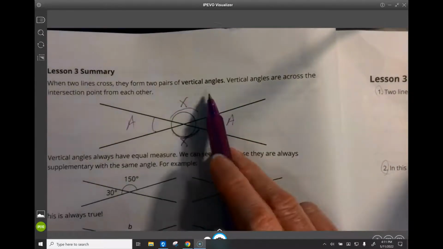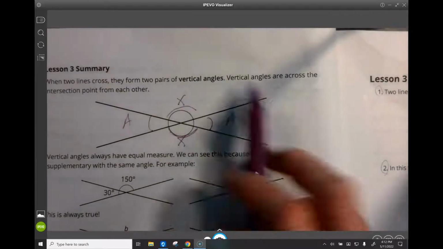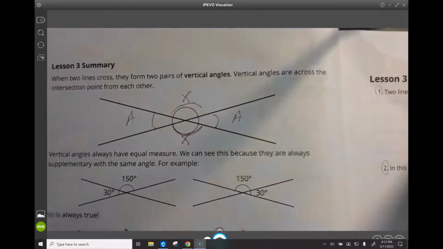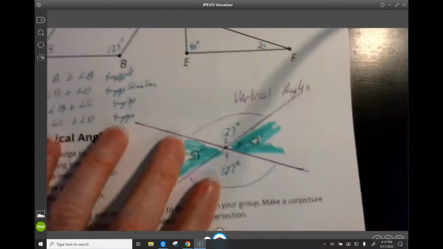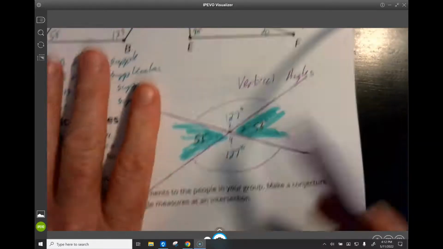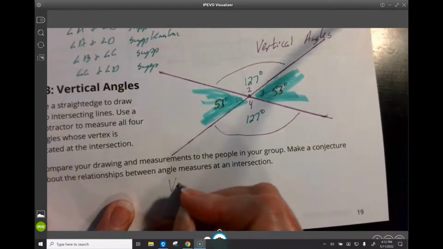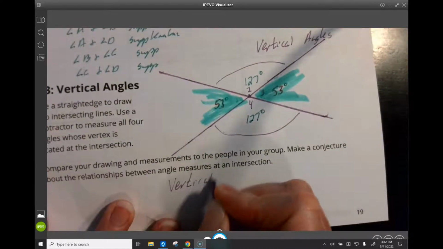So we've learned that vertical angles are always going to be across the intersection point from each other. But we also learned in our work that vertical angles are always going to be the same measure.